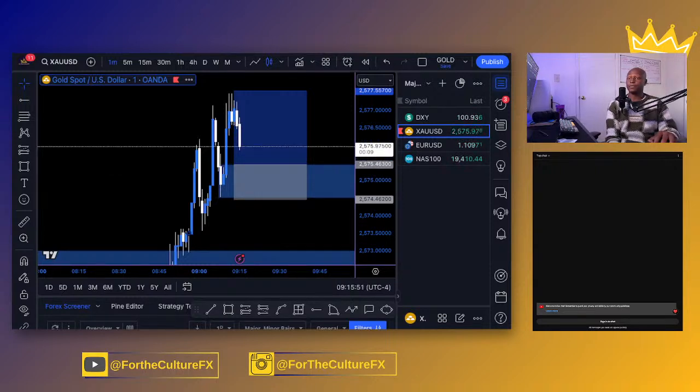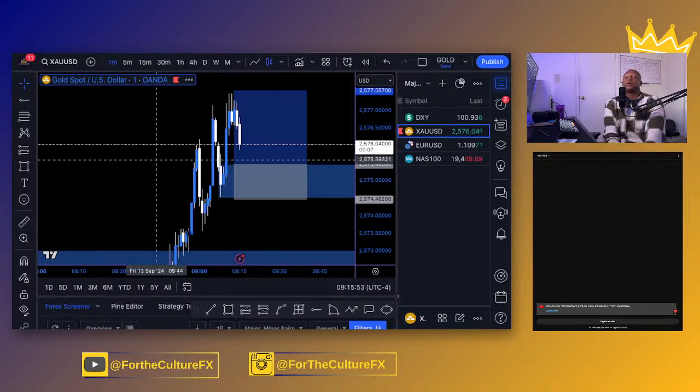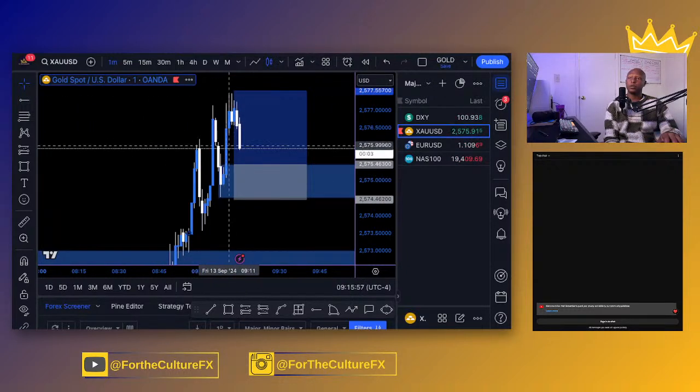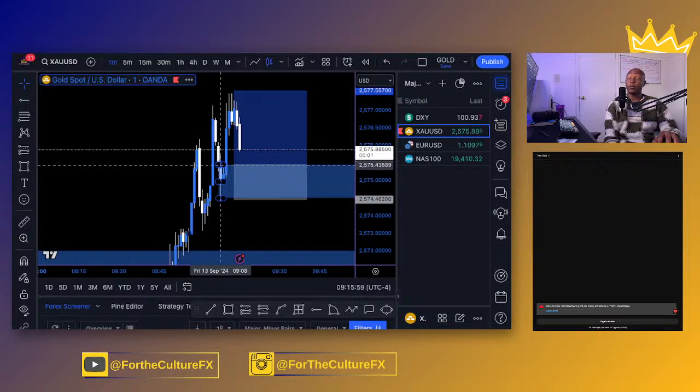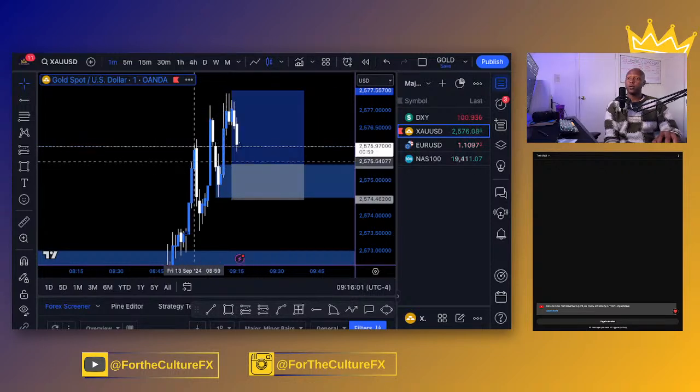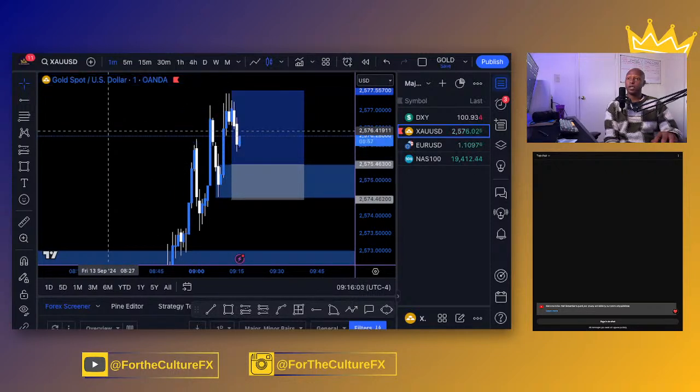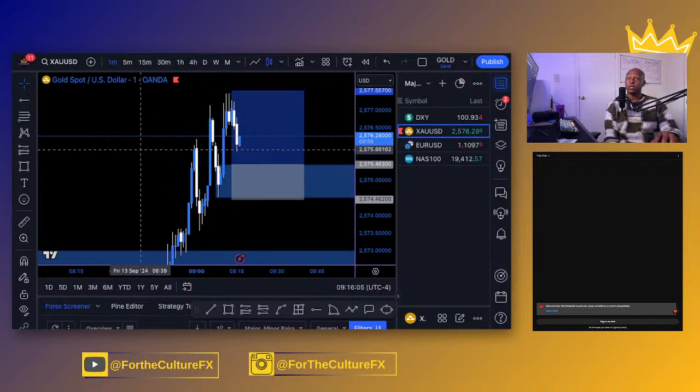We just gotta wait. This is a good sign though. We got a shallow break, which means we could have a demand play push to this area here, and that's essentially what I want to see.